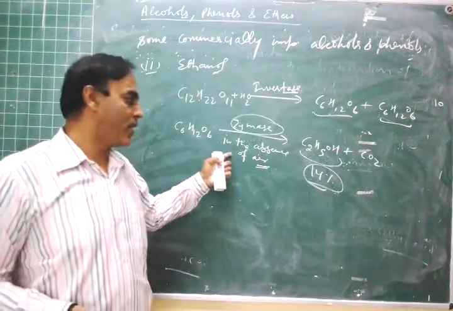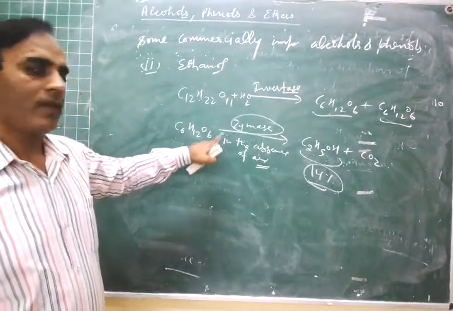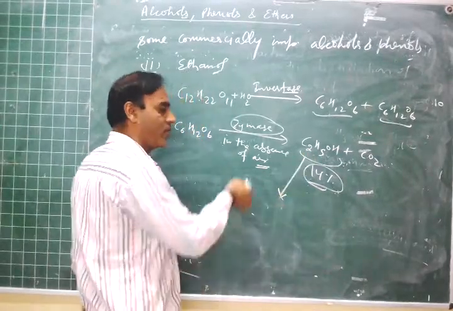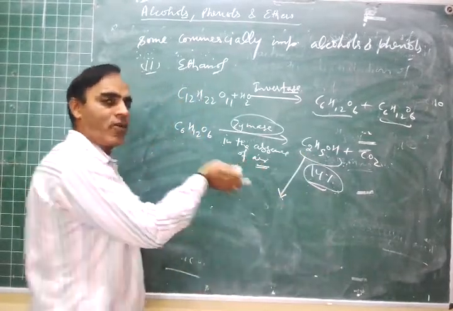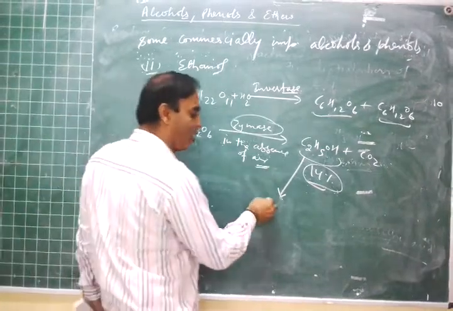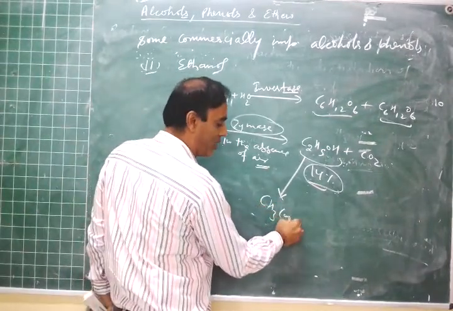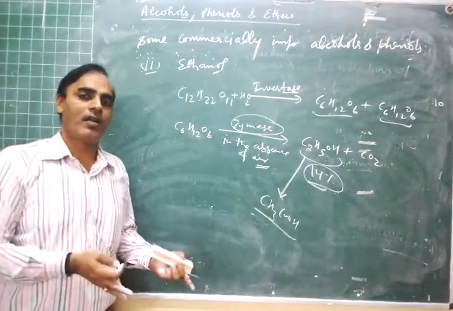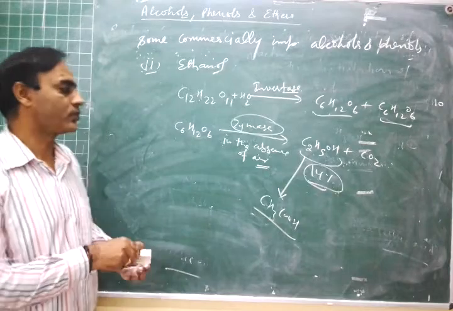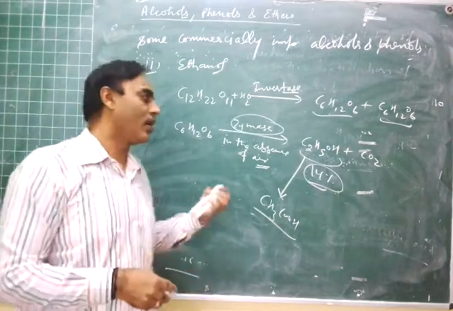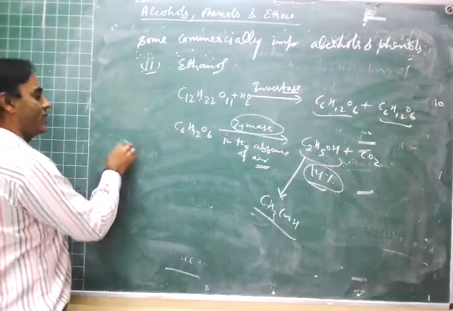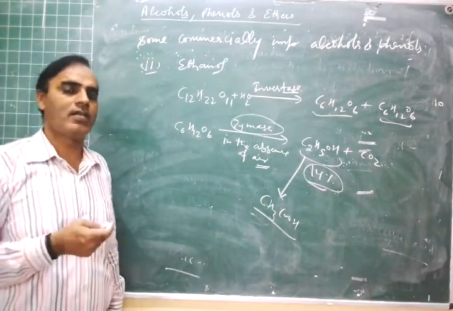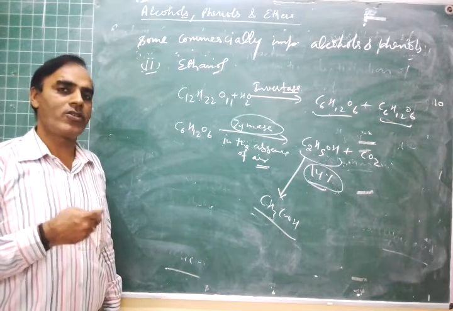And if there is air, then this alcohol gets oxidized, and forms carboxylic acid, that is acetic acid, which will then destroy the taste of the wine or alcohol, right?